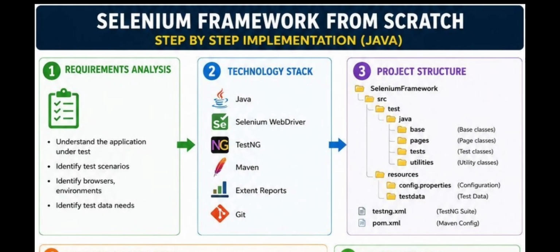Here, for Selenium framework implementation, you should go with Selenium WebDriver, then TestNG as the unit testing framework, then Maven for build management and dependency management, Extent Reports, which are commonly used in almost all companies, and Git for managing the source code.